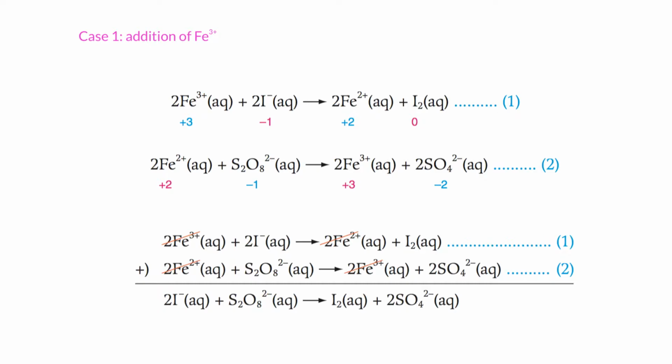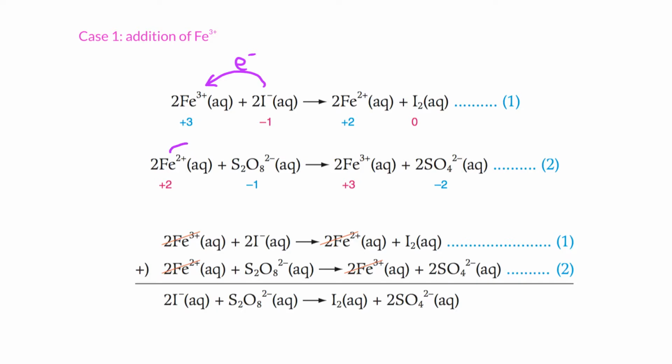For the iron(III) ion, after you add it, it will first react with the iodide ion. The iodide ion will pass an electron to the iron(III) ion, and after losing the electron, it will become iodine. It is oxidized to get iodine. Fe3 plus, after gaining the electron, will become Fe2 plus, and this Fe2 plus will then react with the peroxydisulfate.